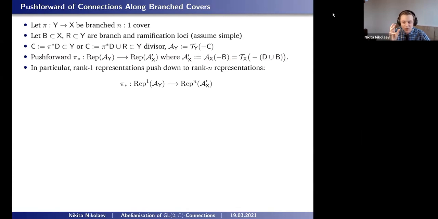And because the degree of the covering map is n, the push forward, which is basically a sum of all the lines in the pre-image, in the fiber, and you have to work above the ramification, but where the covering is trivial, it's very easy to see that pushing forward a line bundle, you get a rank n vector bundle. So basically you get this push forward map that you start with rank 1 representations on Y, you push them forward, you get rank n representations on X, which are singular at the correct loci.